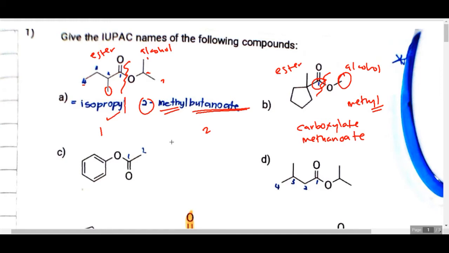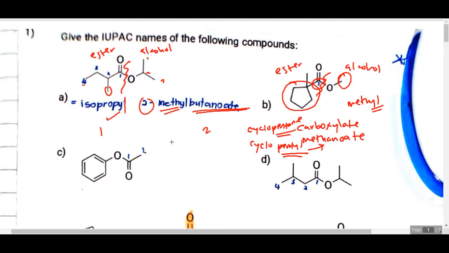So on the first carbon, you can see that it is attached to the pentane. If you want to use carboxylate, you're going to call it cyclopentane, using the full name of the alkane. If you want to use methanoate, you can use cyclopentyl because it is a substituent of the methanoate. Okay, you have the two options there.